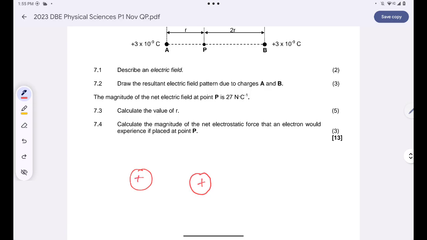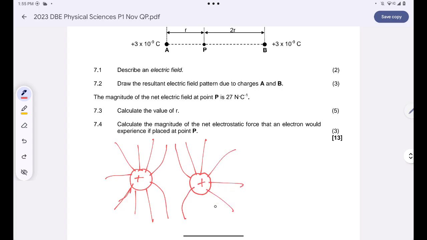Both of them are positive charges, and I know that like charges will always repel, no? The field pattern will be like this.